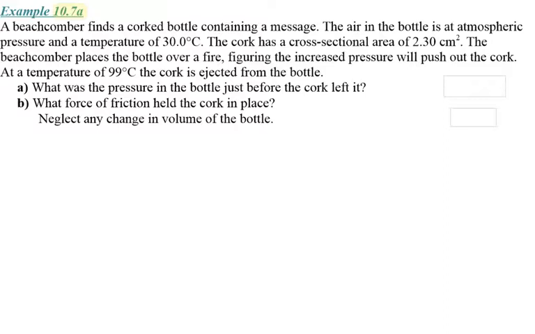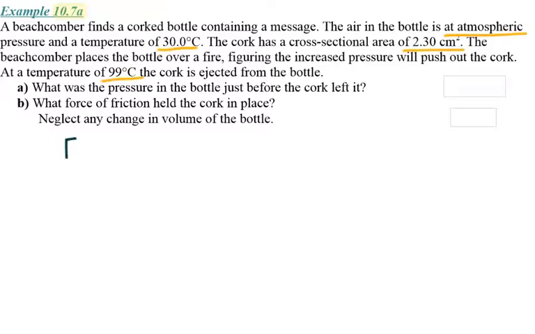At a temperature of 99 degrees Celsius, the cork is ejected from the bottle. What was the pressure in the bottle just before the cork left it? And then what force of friction held the cork in place? Neglect any change in volume of the bottle.